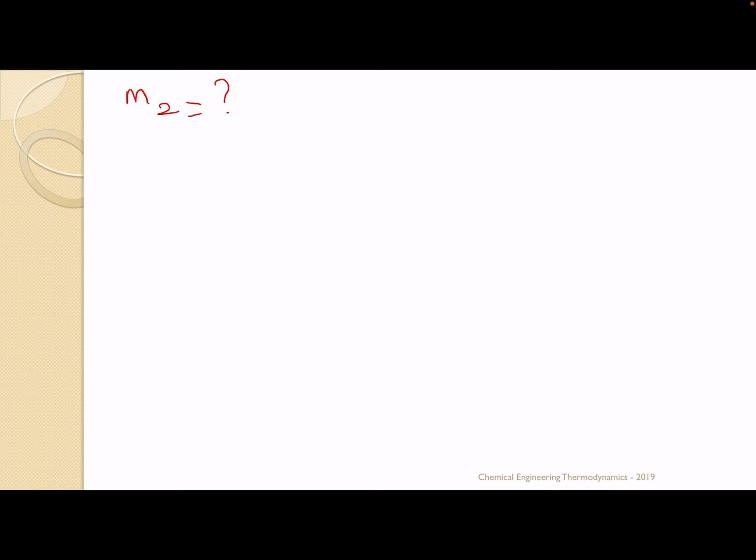So we can then, using the previous formula again, we have P2V2 equals M2 R T2. Remember what we said earlier on, R is constant, so nothing is changing there. So our M2 will be equal to P2V2 over R T2.